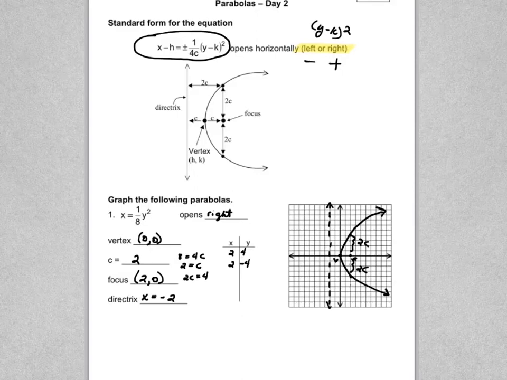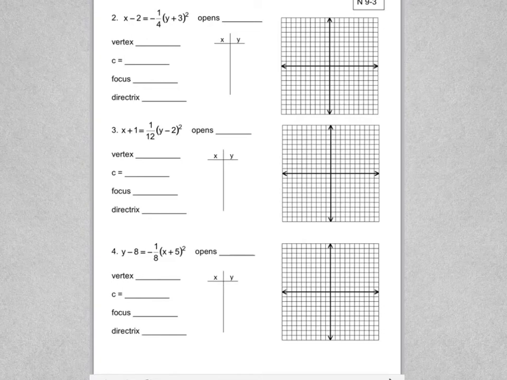All right, let's move on to more examples, just like we did before. Actually, there's 4 examples in this one, probably because it's a little different. All right, first thing, we look at the number in front of the squared parentheses. We notice that it's y squared, so that means that it's a left or right facing parabola.